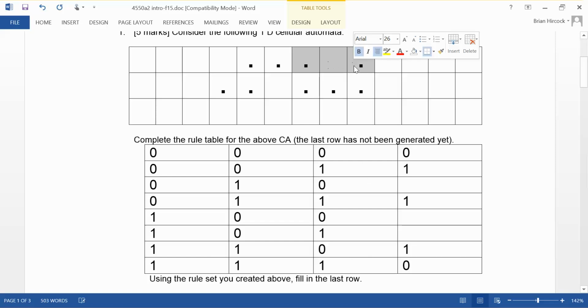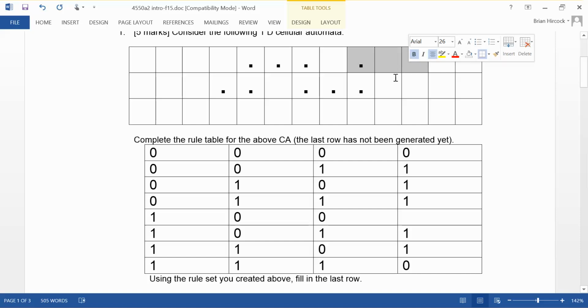We've got 1, 0, 1. 1, 0, 1 gives us a 1. And then we've got 0, 1, 0 gives us a 1 as well. And then finally 1, 0, 0 gives us a 0.